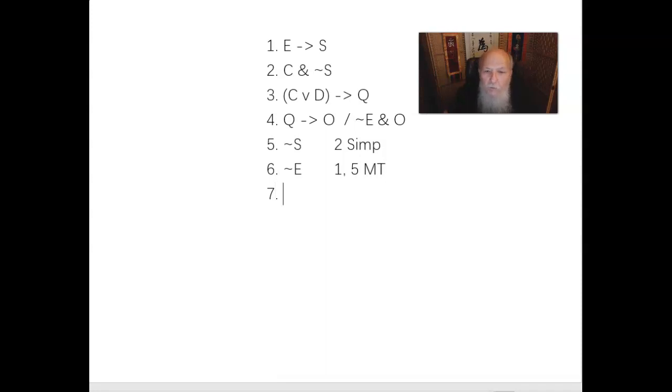So I have a not E, now I need an O. There's an O right here on line 4. I could get an O if I had a Q. There's a Q there, which I could get if I had a C or D. And I could get a C or D if I had a C, and I can get a C right there. So let's simplify that C from line 2.